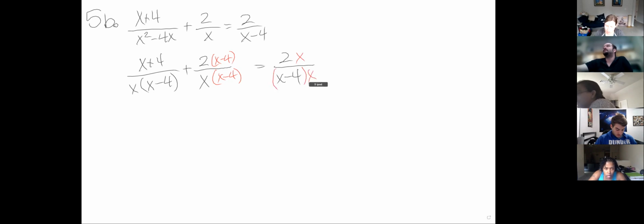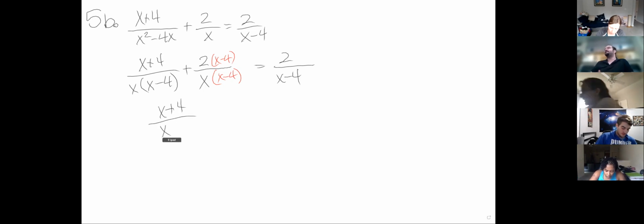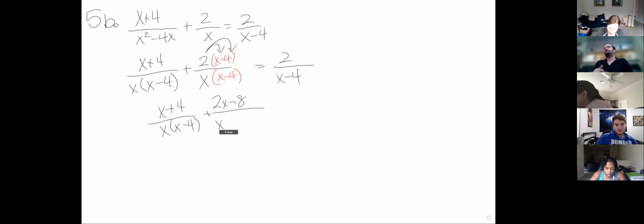And then the other fraction on the other side, you multiplied by x on top? No, I didn't touch it yet. Then I have the same denominator as x times x minus 4, right? Because then in the top, I have my x plus 4 plus 2 times x minus 4, equals 2 over x minus 4.